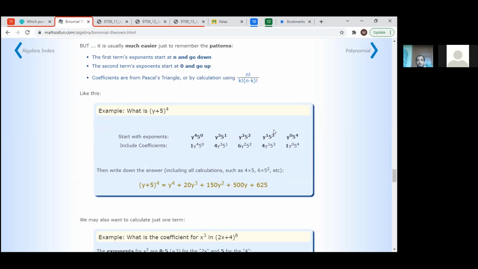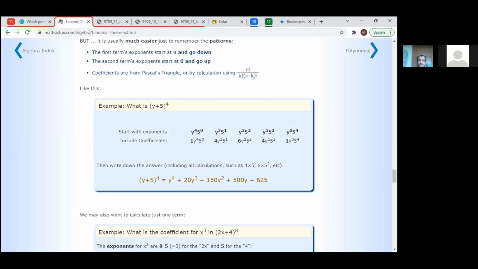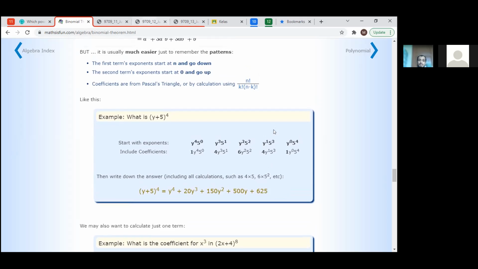Of course, in a question like this, you can always expand all the powers, but this is not efficient. So what can we do instead? Instead, we can just consider the relevant power.